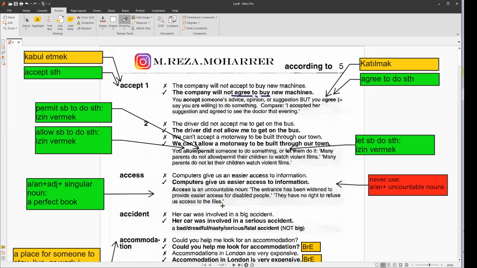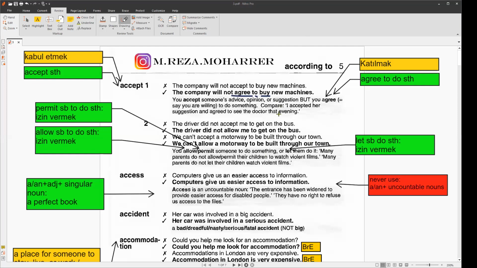You accept someone's advice, opinion, or suggestion, but you agree, say you are willing to do something. Compare: I accept her suggestion and agree to see the doctor that evening. Yes, exactly. Thank you so much.